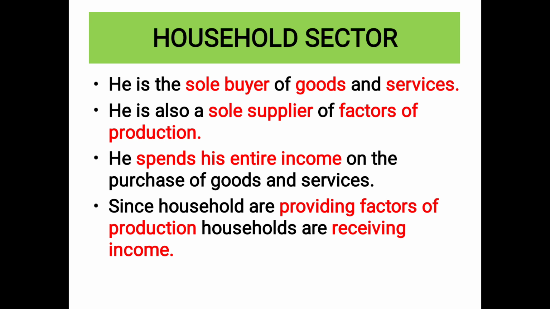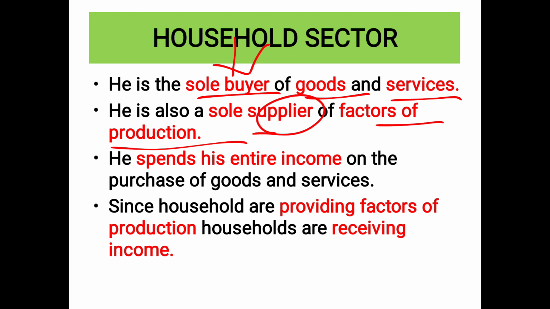So here, who is a household? He is supposed to be the sole buyer of goods and services. He is the sole supplier of factors of production. He spends his entire income on the purchase of goods and services.